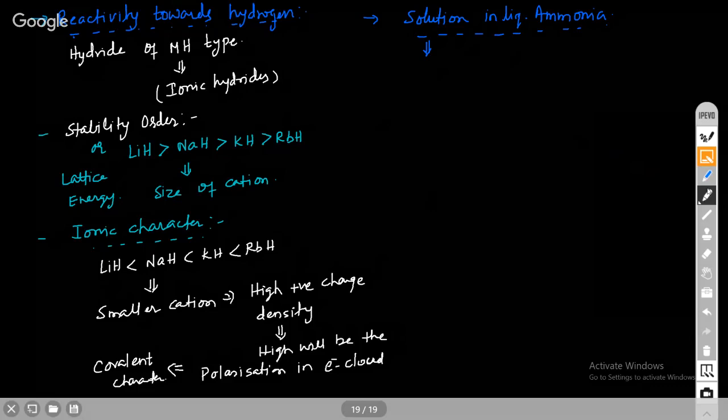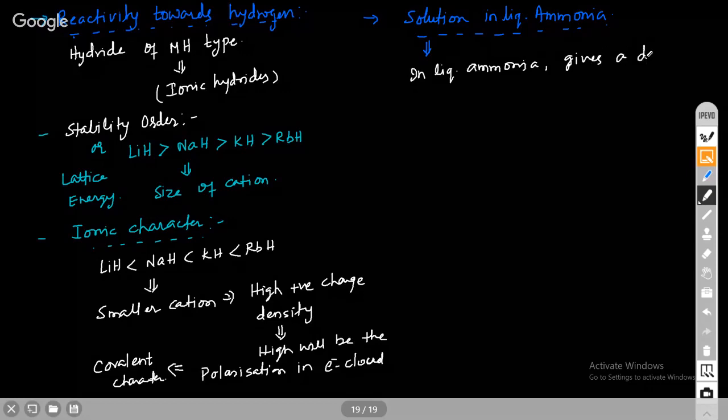Alkali metals when dissolved in liquid ammonia give a deep blue solution which is conductive in nature.